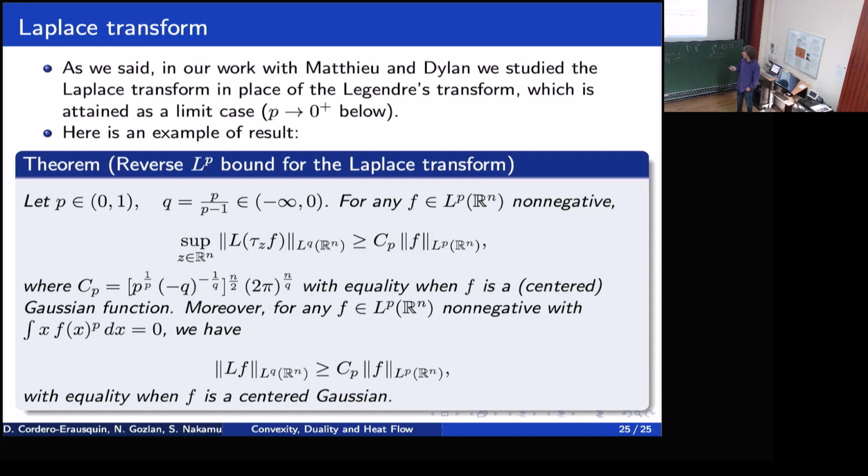Okay, so you can prove an inequality like this, which Nakamura and Tsuji proved when f is even, and we extend it to the case where f is general, either by saying that the result is true for any f if you take the supremum over translations, or if you do the proper centering of f to the power p.